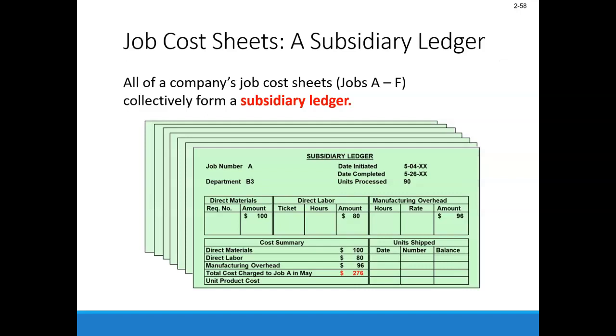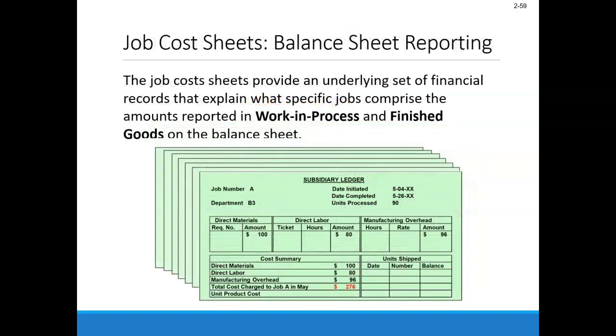So all of the job cost sheets are in a specific ledger. We call it the subsidiary ledger. And they show where they're at with all the specific jobs.